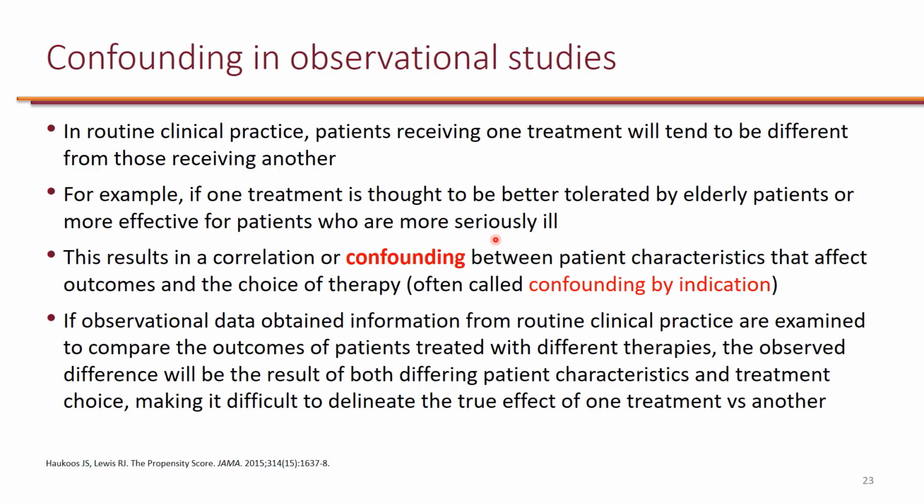This leads to a correlation between patient characteristics and outcomes, which we call confounding. And this confounding by indication is basically when clinicians decide what's indicated for a patient based on their characteristics. And because observational studies are basically a reflection of clinical practice without a control group, confounding bias is common in observational studies.